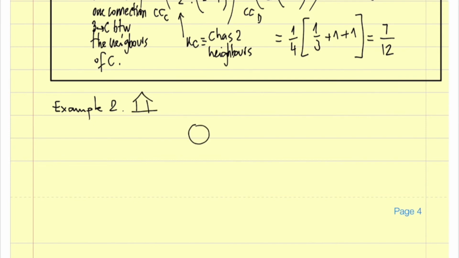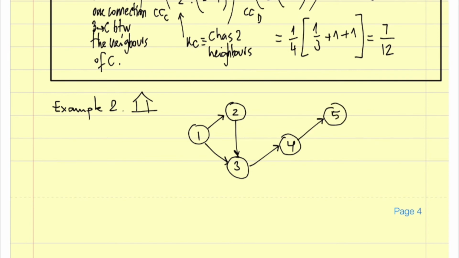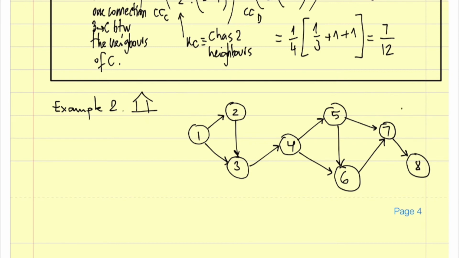So 1 reports to 2, reports to 3, and then 3 reports to 4, reports to 5, reports to 6, reports to 7, reports to 8. Can you tell me, and it's always the same, okay, just can you tell me average path length and clustering coefficient?